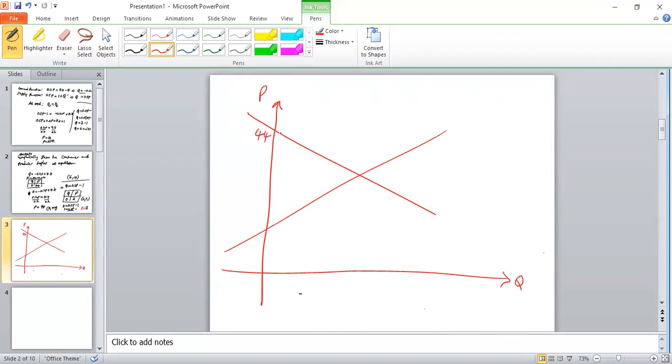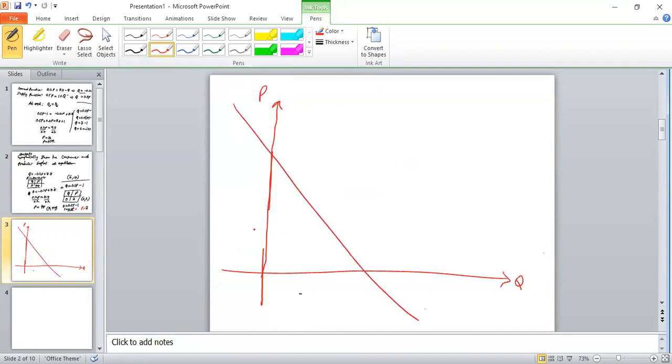This is the demand function, and we know the one that is a decreasing function is the demand. Even if it's a sketch, at least try by all means to sketch something that is at least to scale. So we have something of this kind.